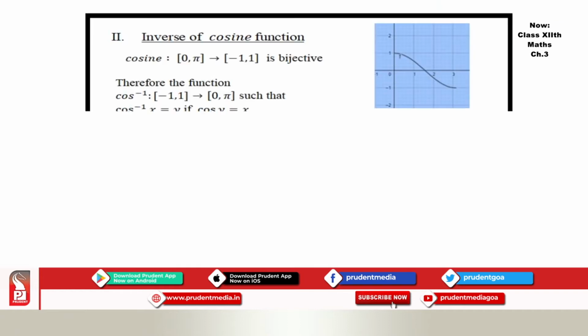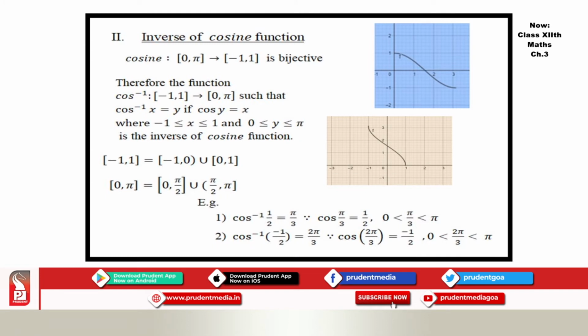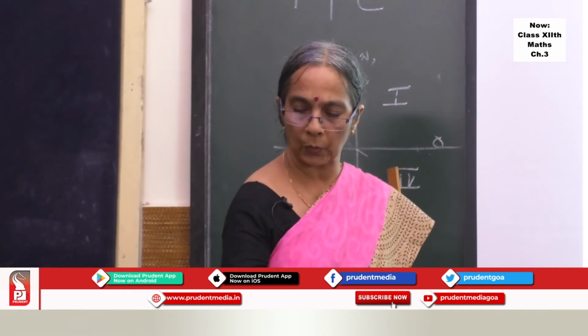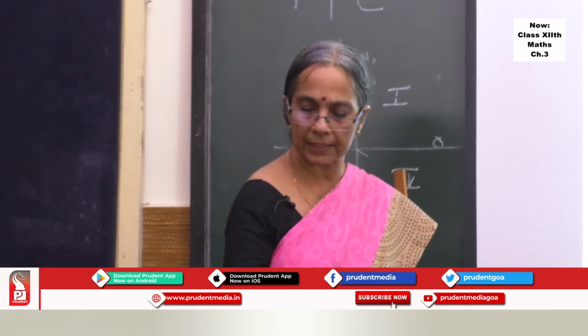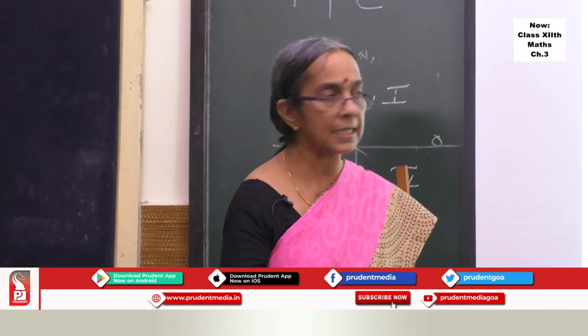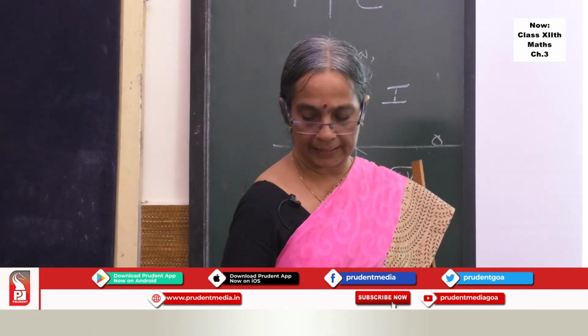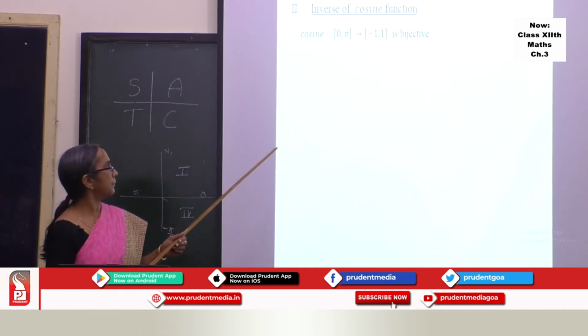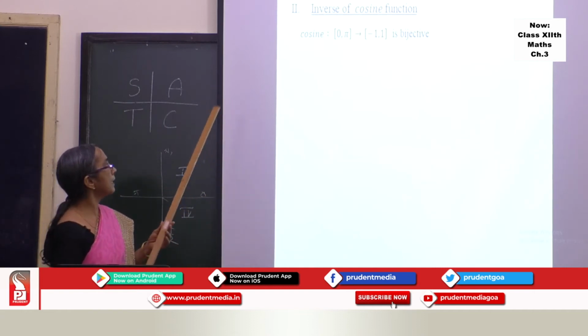Okay. Now, let me go to the next function, which is the cosine function. Let us see what the domain and codomain of the cosine function are, so that the function is bijective, to define the inverse of the cosine function.